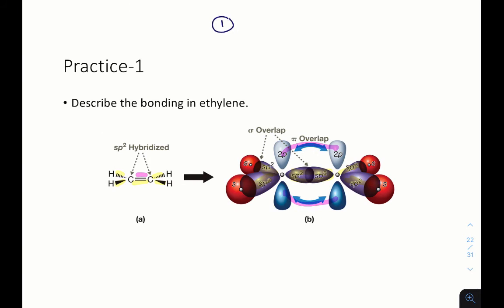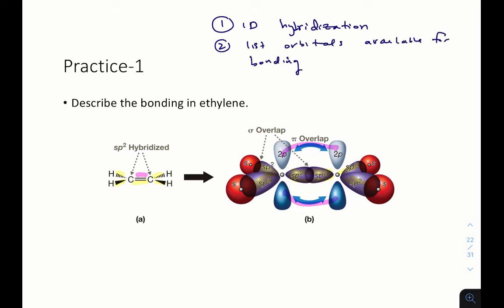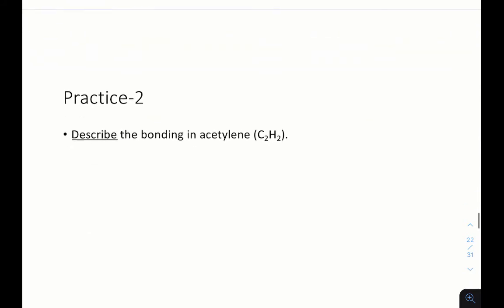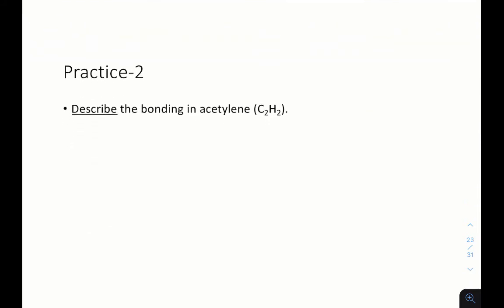Well, I would suggest that you identify the hybridization of all the atoms, and then you list the available orbitals for bonding and go from there. The single bonds will be sigma bonds made from hybrid orbitals, and pi bonds will be formed from p orbitals. Let's try another practice problem. Let's describe the bonding in acetylene.